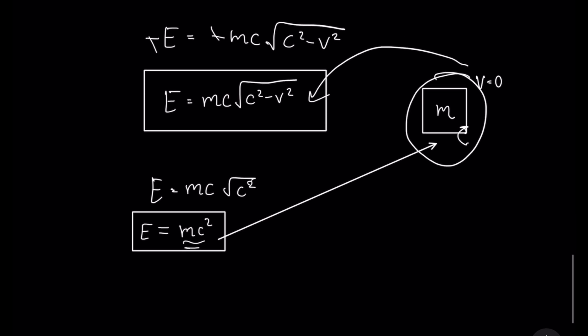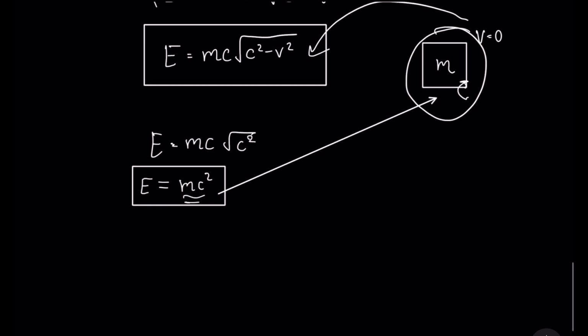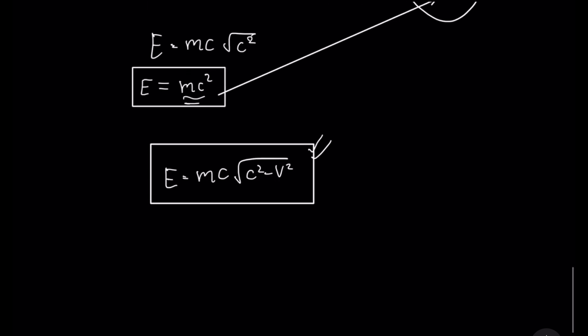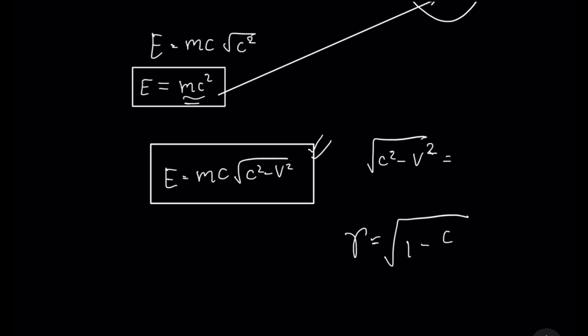Now, E is equal to mc by root of c square minus v square is actually the complete formula, which is less well known. Root of c square minus v square can also be written using gamma, which if you recall is equal to root of 1 minus v square by c square.